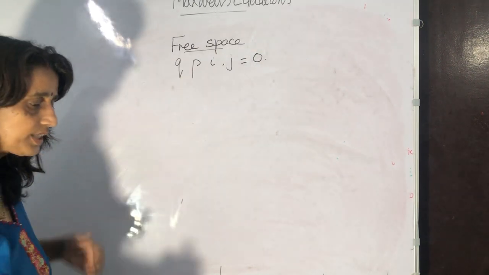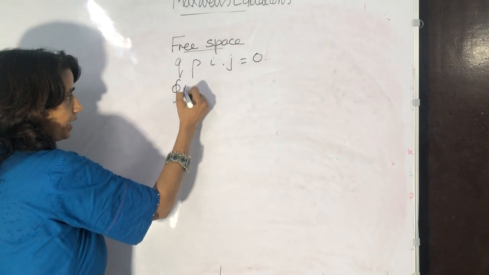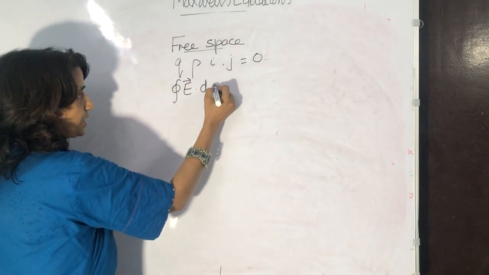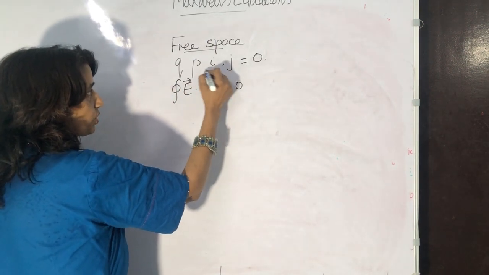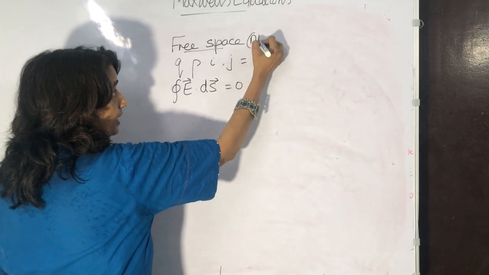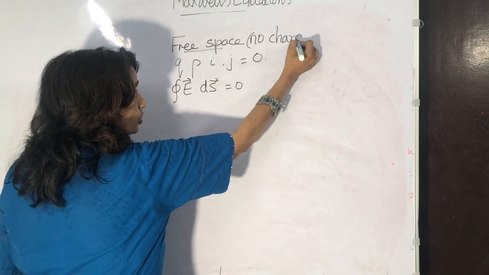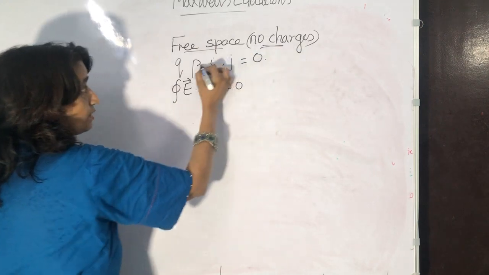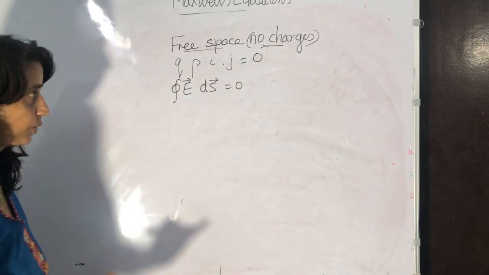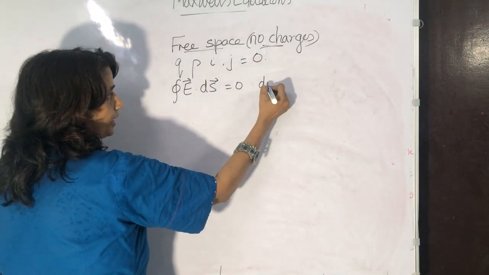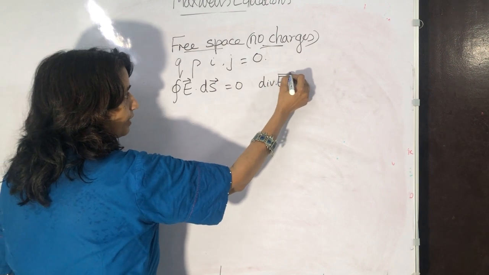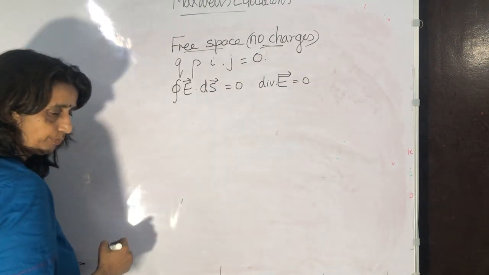So Maxwell's equations then become integral E dot ds is equal to 0 because no charges are there. Free space means no charges. So all terms related to charges are becoming 0. In integral form and differential form, divergence E is equal to 0.